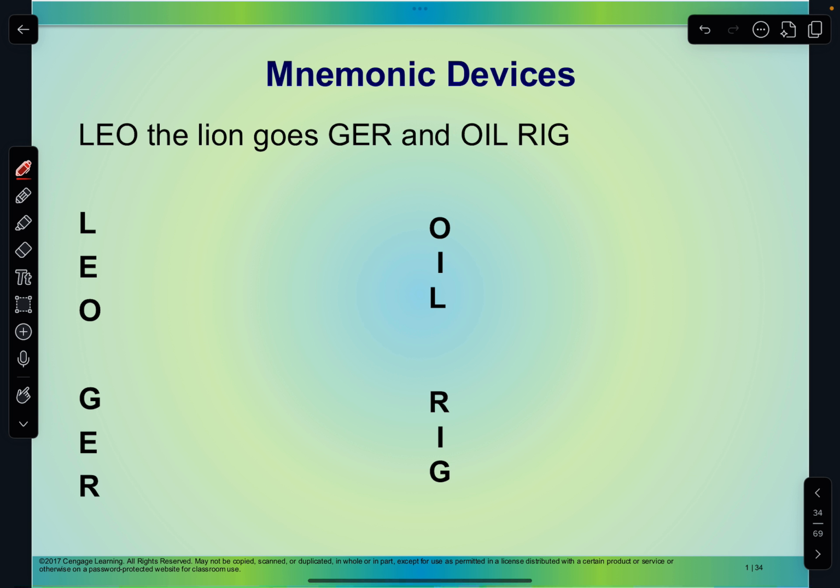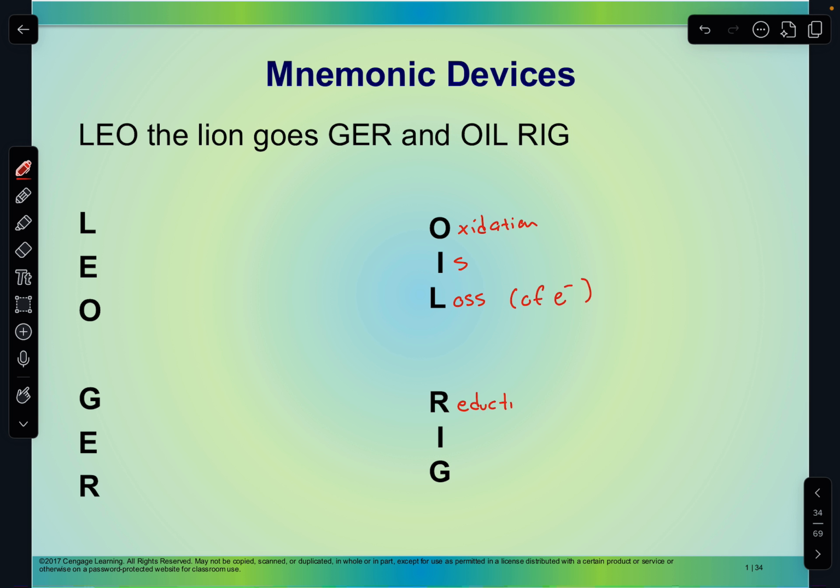And so let's just go through this again. There's two different ways you can memorize which one is oxidized and which one is reduced. And I have gone through them a little bit already. So I'll start with OIL RIG. Oxidation is loss of an electron.